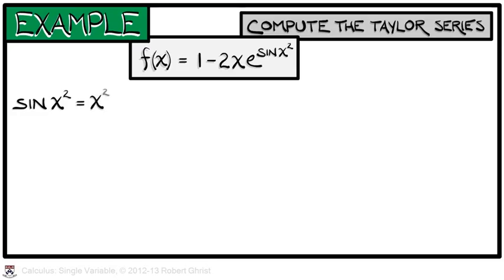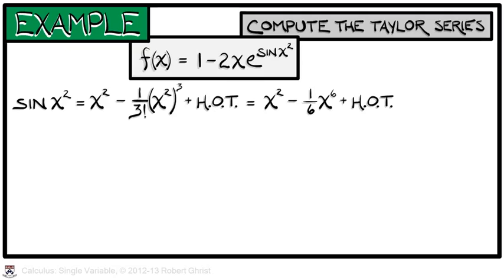We'll begin with the Taylor series for sine of x squared, which is simply x squared minus x to the 6th over 6 plus higher order terms. What happens when we exponentiate this?